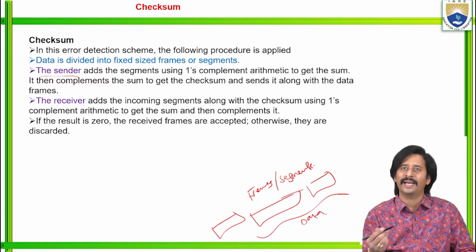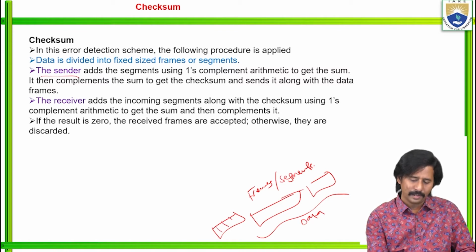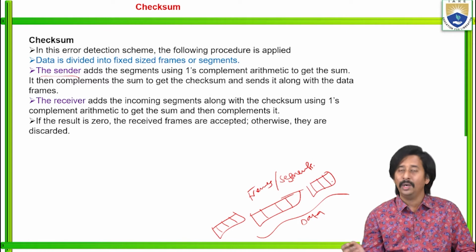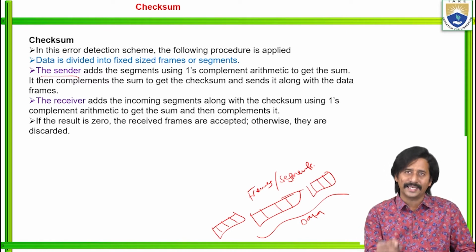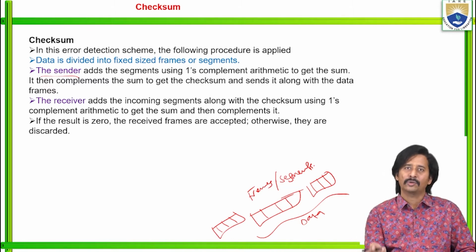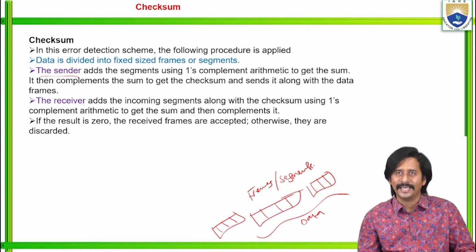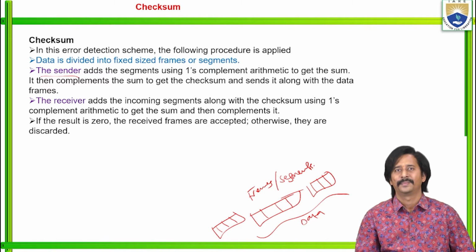Initially the data is divided into fixed-size segments or frames. Fixed size means, for example, each will hold only 4 bits, so each and every frame is fixed. The sender adds the segments using 1's complement arithmetic to get the sum, and then complements the sum to get the checksum and sends it along with the data frames.